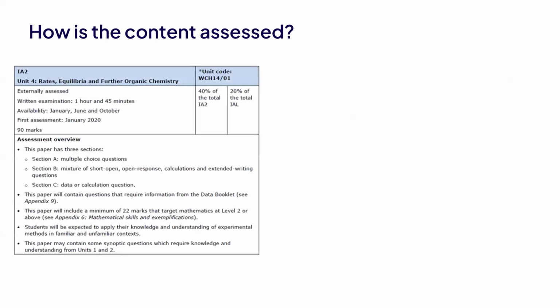The same sort of thing at IAL, only the papers this time are slightly longer, 1 hour 45 minutes for Unit 4, 90 marks. Again, you've got multiple choice, mixture of short open response, calculations, extended writing, and in section C, you've got a data or calculation question.